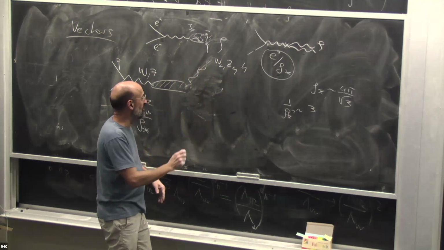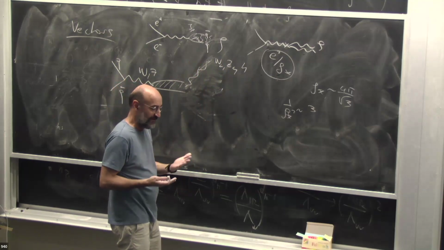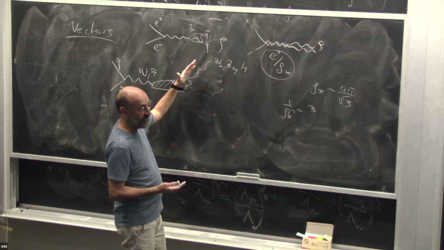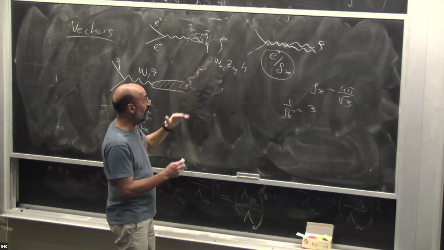Of course, maybe you haven't heard, there is this equivalence theorem that tells you that helicity-0 components of the vector bosons behave like the scalars in the Higgs sector at energies much bigger than the W mass.